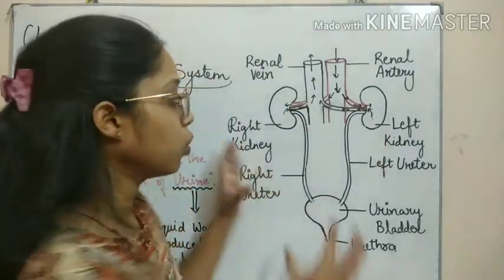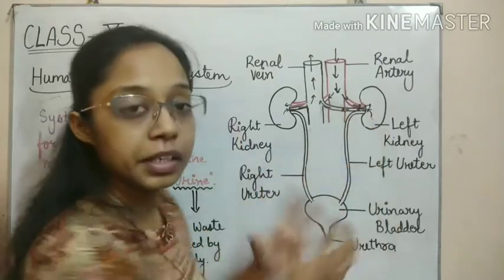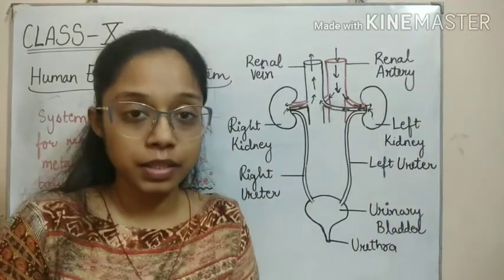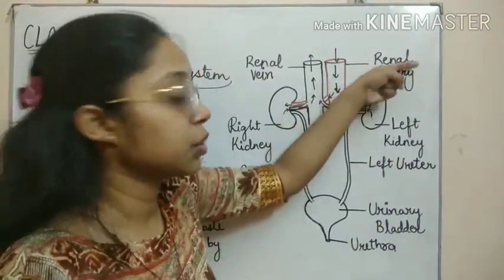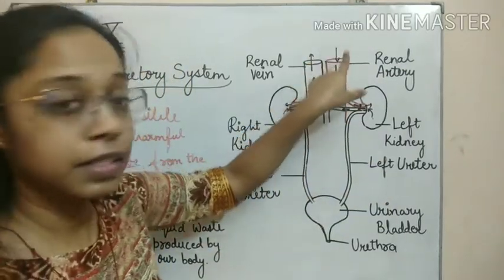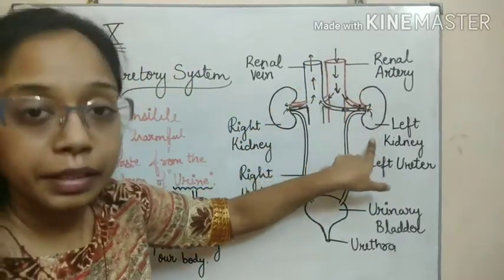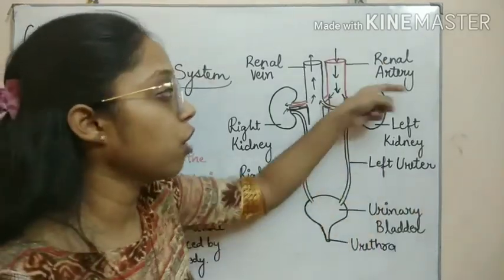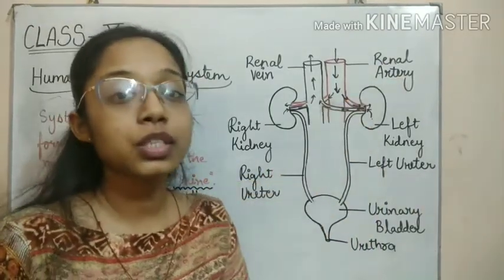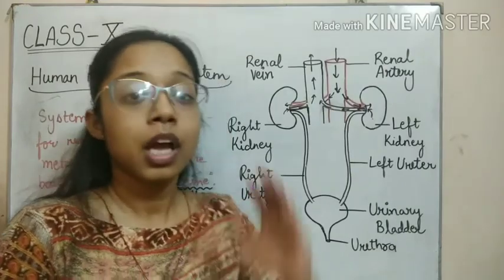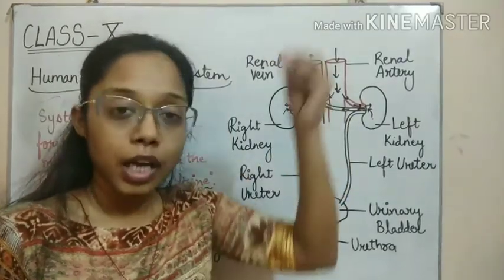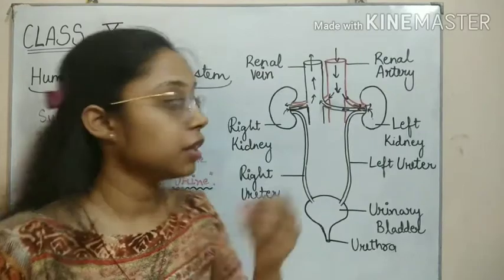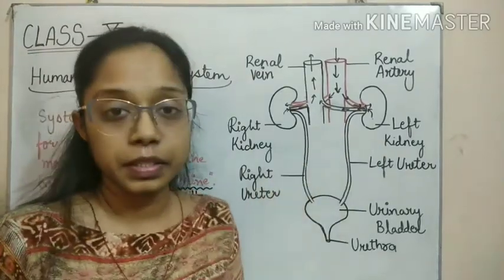Wherever we talk about the excretory system and the kidneys, the accessory parts are referred to as renal. So the artery which connects to the kidneys and supplies oxygenated blood to the kidneys is called the renal artery. This blood is oxygenated and comes from the heart to the body part, in this case the kidneys.